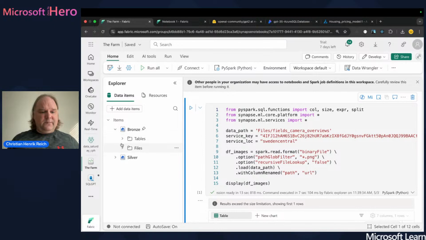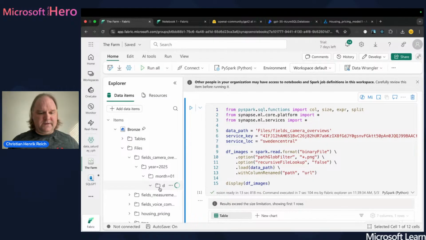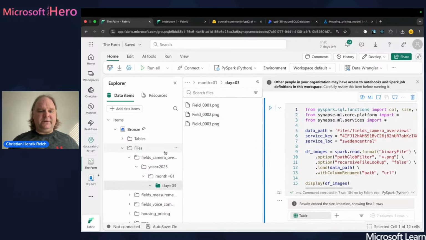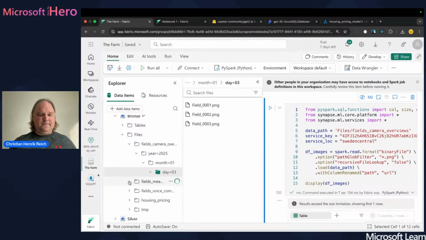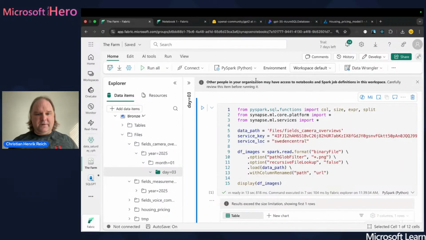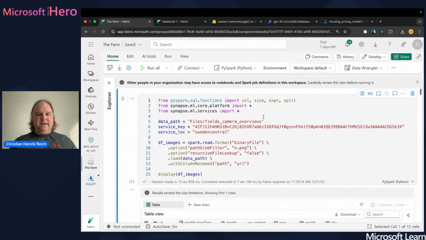And I have here in bronze, the camera overview. And I'm using this special folder structure called hive partitioning. And these are the images you saw of the cows, and we have the voice recordings and so forth.